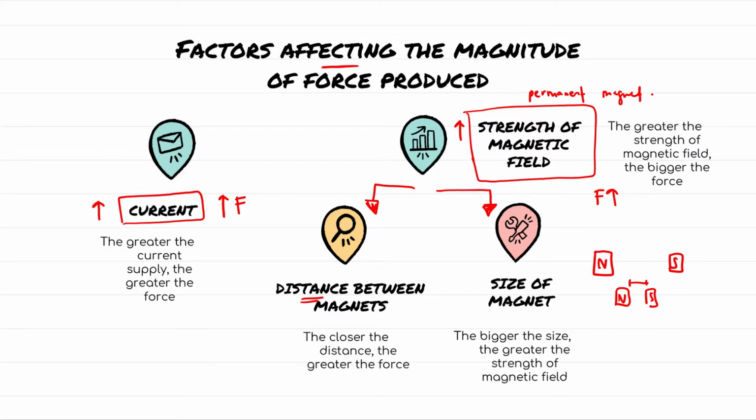Okay, kalau jauh kurang dah sikit. Size of magnet pun sama, lagi besar magnet tu, lagilah kuat dia punya magnetic field strength. Okay, so that's two main factors.